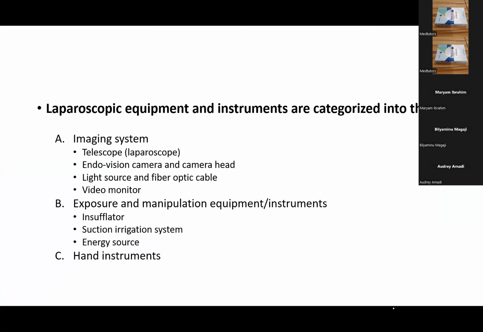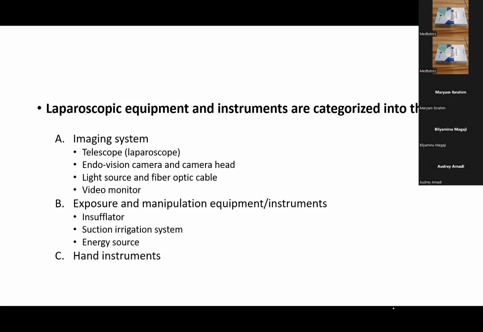Now, laparoscopic equipment or instruments generally are categorized into three. The first category is the imaging system. The second category is exposure and manipulation equipment or instruments. And the third category is the hand instruments.